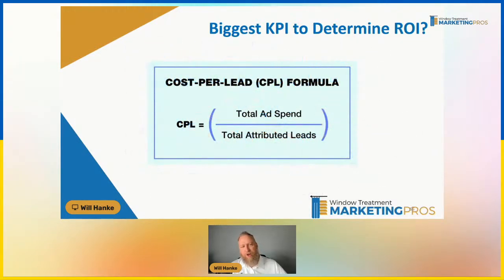Now, I mentioned earlier, cost per lead is by far the biggest one that we track for our customers. Just so you know, the average window treatment lead, $160 to $210, somewhere in that range, on average, is what it costs to get a lead from any network.